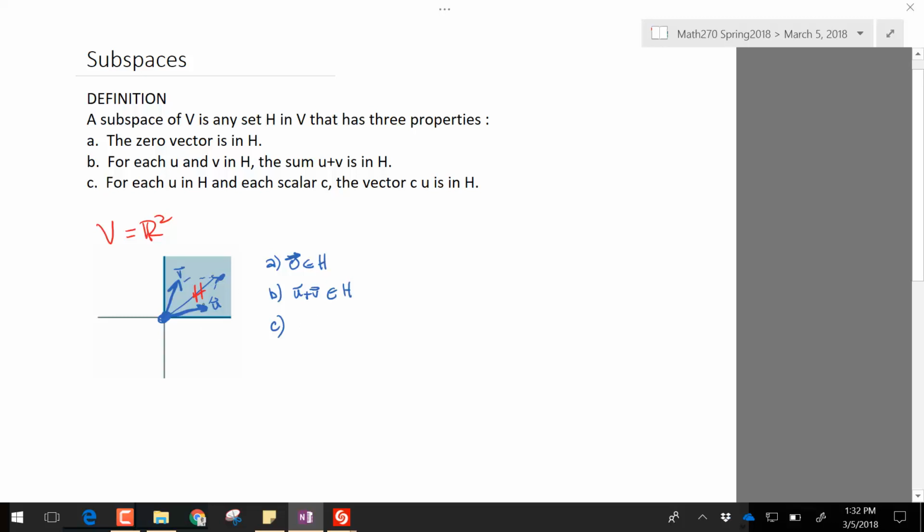What if you do a negative number? So negative 1 times U. This is U. Negative 1 times U goes back. Now it's not in H anymore. So this is not a subspace.